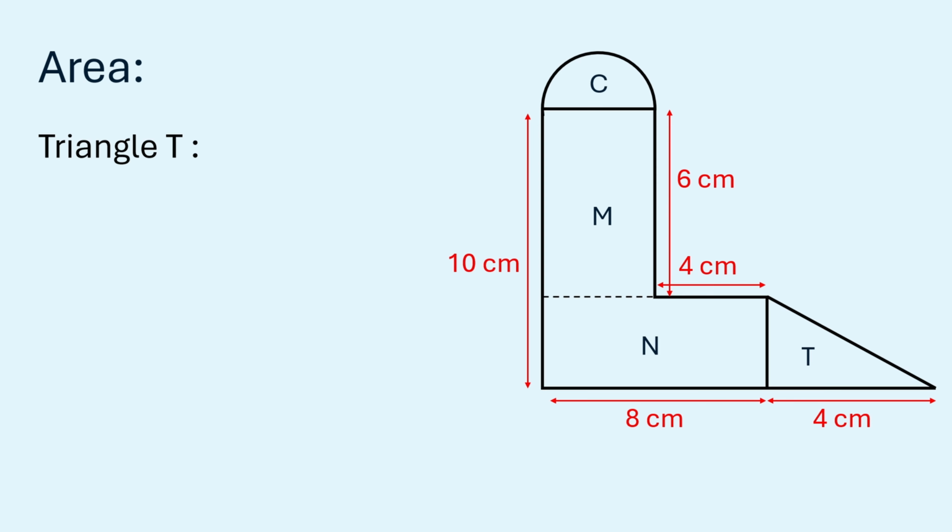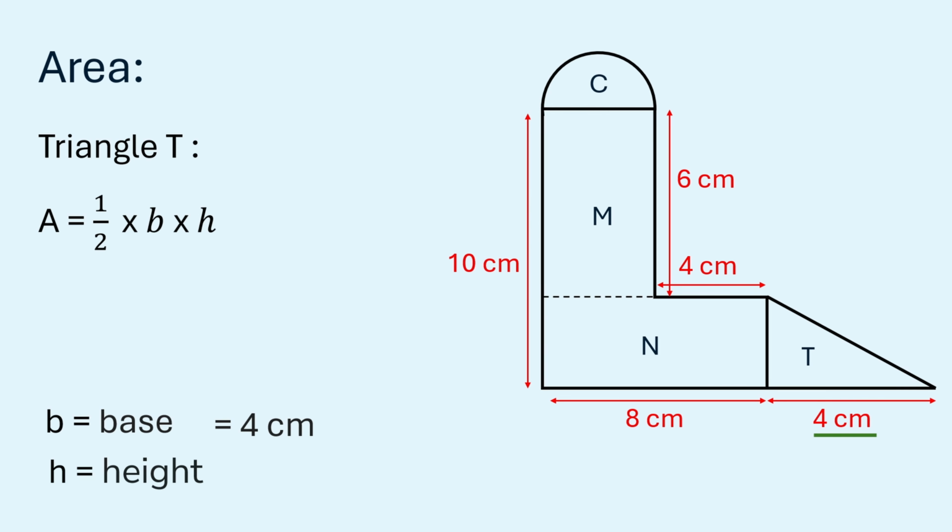Now we will calculate the area of triangle T. The area of a triangle A is equal to 1 divided by 2 times B times H. The base of triangle T equals 4 centimeters. So B is equal to 4 centimeters.